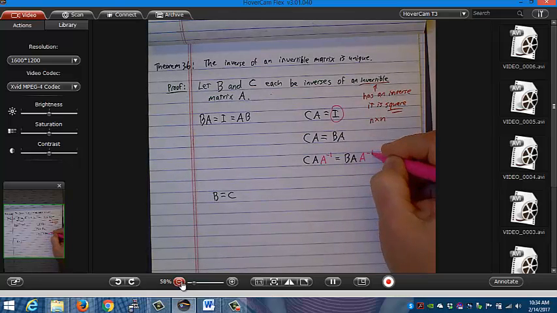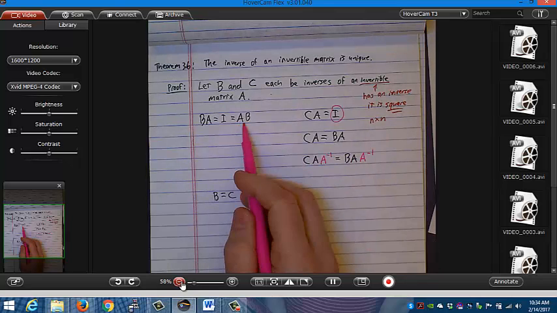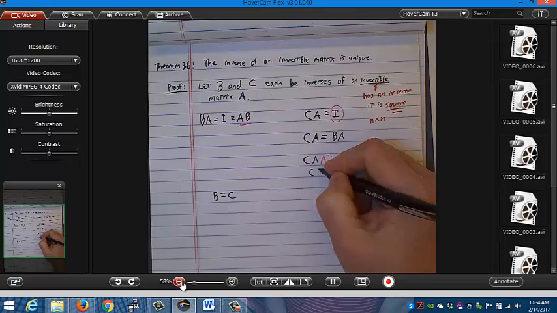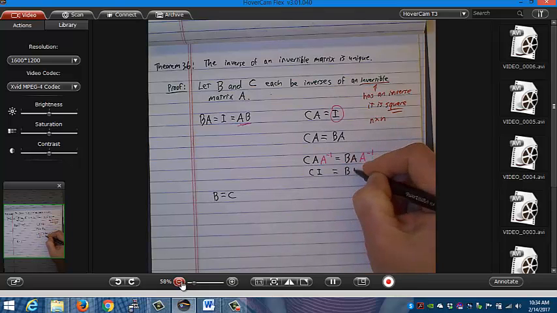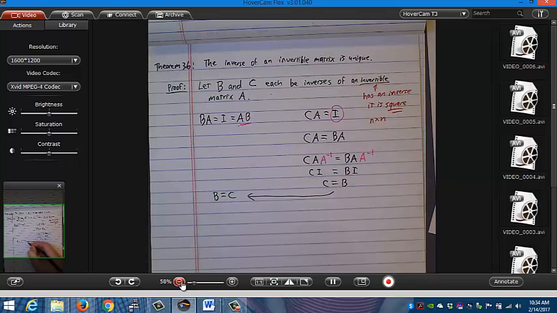And by the way, that strategy would not have worked if I had written AB instead of BA. So this is where you have to put the right one in. Sometimes you have to try a few things. But now, yes, this works because I get C times I is equal to B times I, so I get C equals B, and that implies that B equals C. There's our proof.